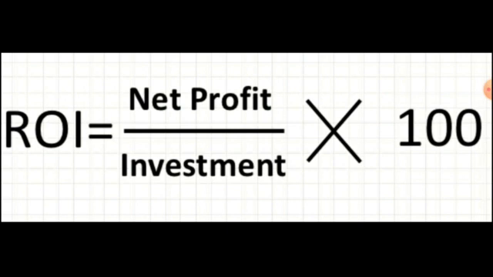Net profit is the amount of profit that is generated after deduction of interest on loan, taxes, depreciation and amortization, and it is divided by the total investment made.